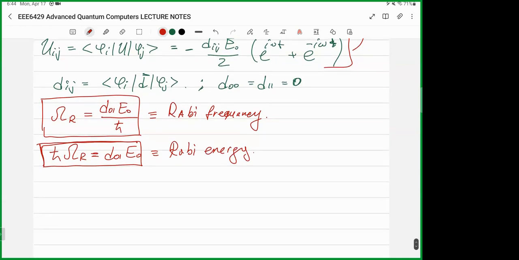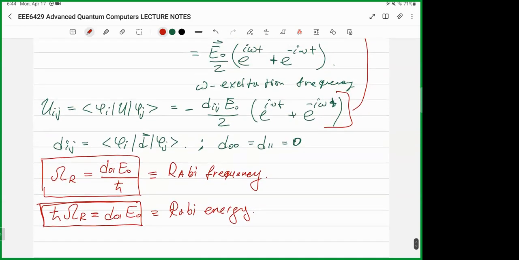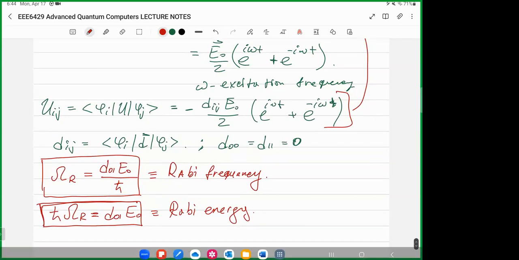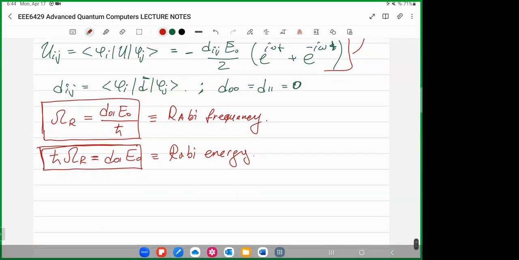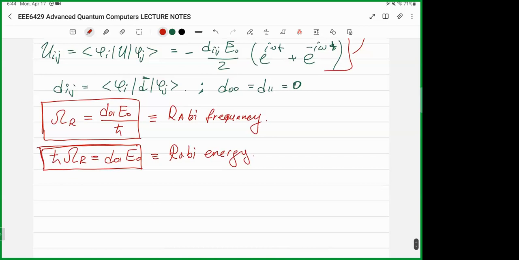Rabi frequency and Rabi energy are a very important parameter. It gets two elements: the dipole moment of the qubit, which describes the qubit itself, and the electric field amplitude, which describes the electromagnetic field.